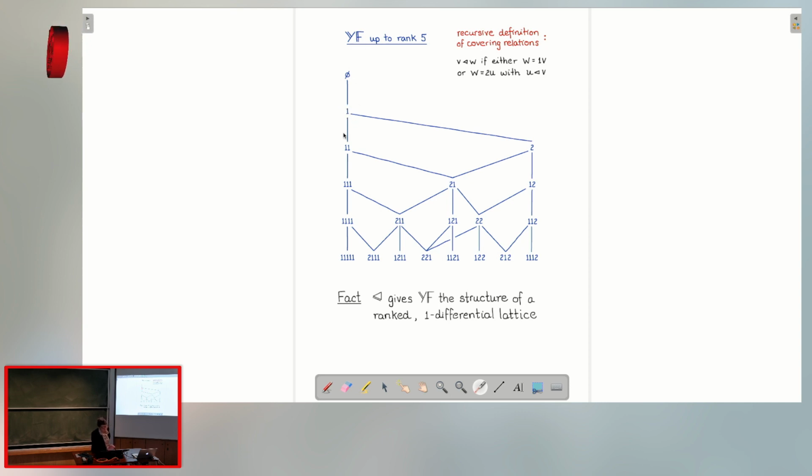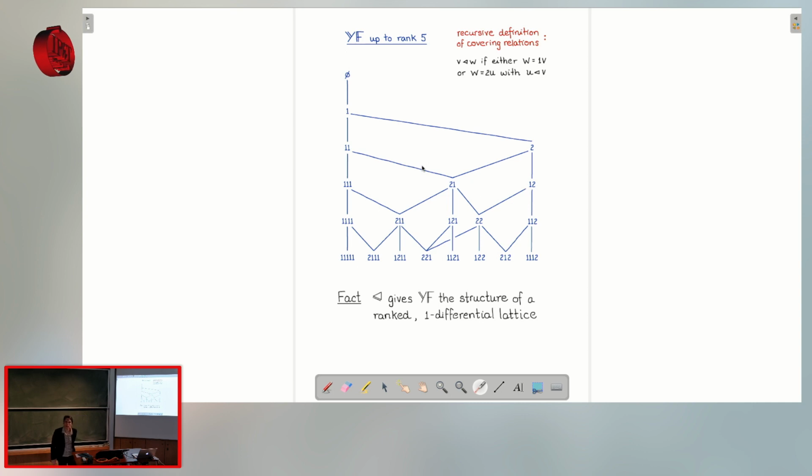Now to go to rank 2, we can either take this Fibonacci word 1 and prefix it with 1 and get 1, 1, or we can realize that the empty word is covered by 1 and prefix the empty word by 2. And thus we get 2. Let me just do one more. Starting with 1, 1, we want to go to the next level. We can either prefix it with 1 and get 1, 1, 1, or we can take the thing that it covers, which is 1, and prefix it by 2, and hence get 2, 1. And so this will go on.